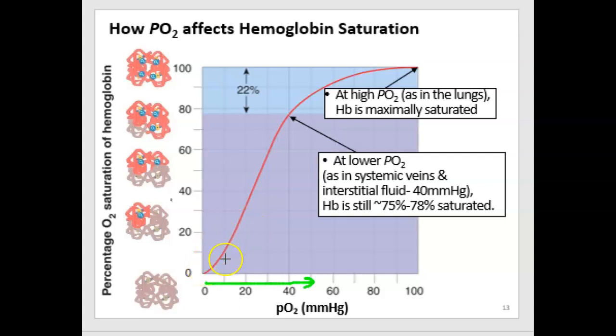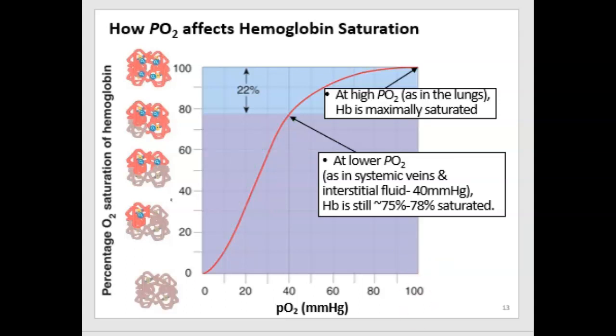But also notice that this is not a straight diagonal line from 0 in the lower left corner to 100 in the upper right. So that brings up a second point that's important. And that is, as hemoglobin binds to one oxygen, its ability to bind to another oxygen increases. And that's why the curve is more vertical here. It's actually a curve instead of a straight line.